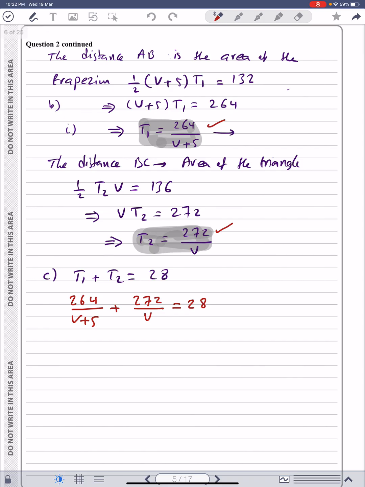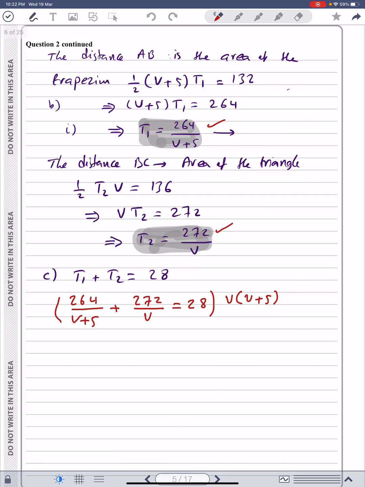Of course, here we are free, guys, according to our experience as senior students. The best and the easiest way is to multiply the whole equation by V times V plus 5. Of course, it's up to you. This depends on the nature of the student, what he prefers, what he used to solve. But according to my opinion, we get rid of the fractions.